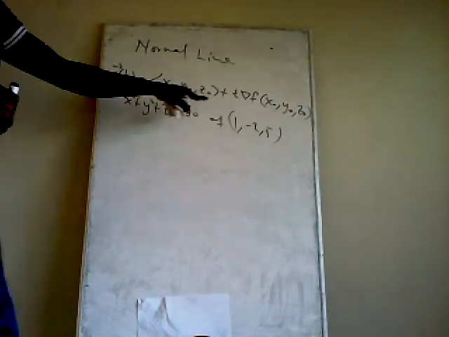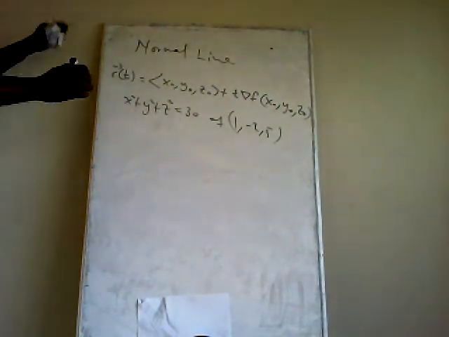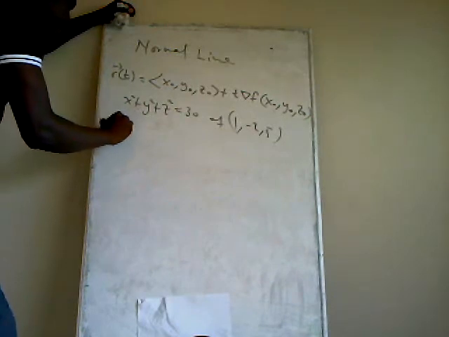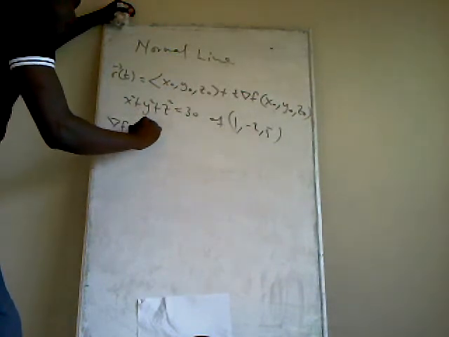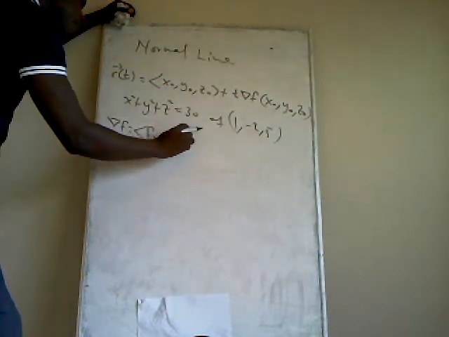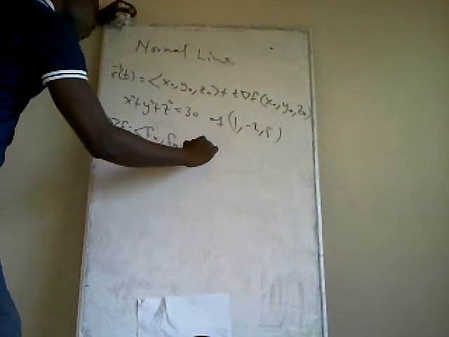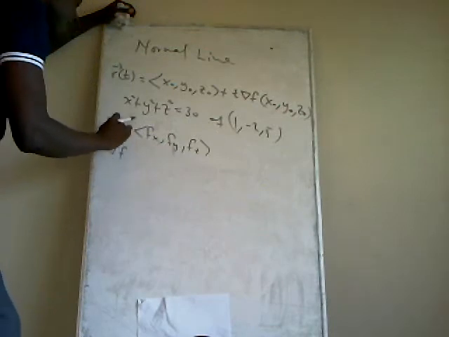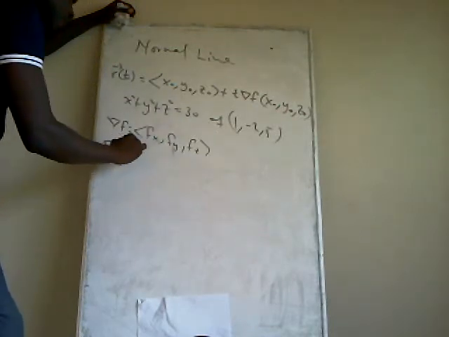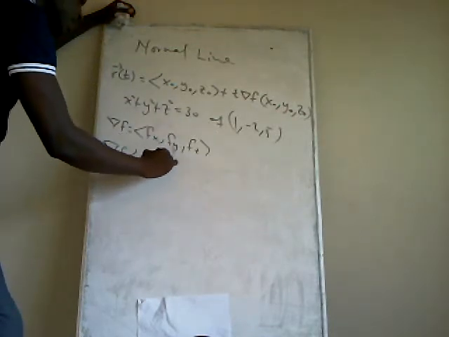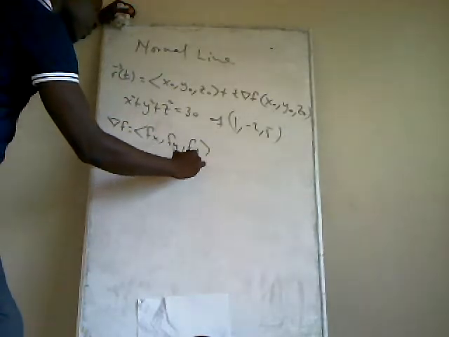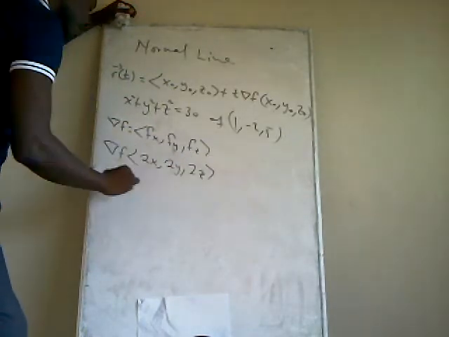Now, what we need here is our grad f. And what is our grad f? We said grad f is equal to fx, fy, and fz. If I differentiate this function, I get 2x, 2y, and 2z.